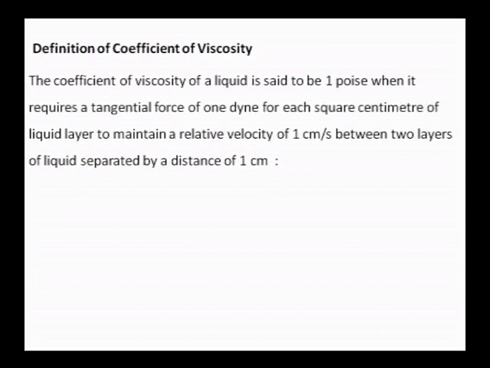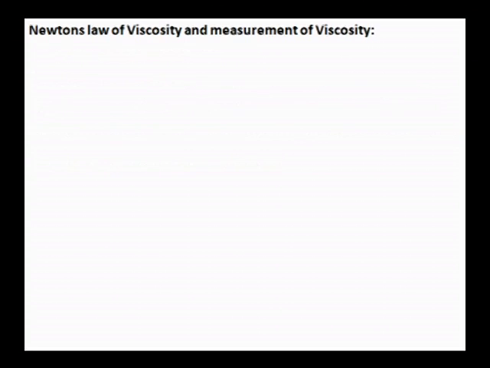Or the coefficient of viscosity of a liquid is said to be 1 Newton second per meter square when it requires a tangential force of 1 Newton for each square meter of liquid layer to maintain a relative velocity of 1 meter per second between two layers of liquid separated by a distance of 1 meter.